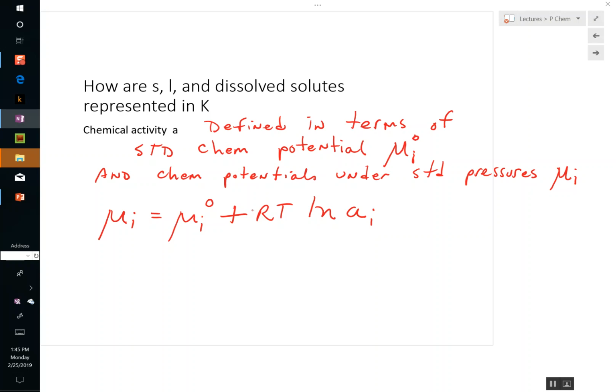That's a plus, not an equal. So now we're going to get here. We're not going to get bogged down in all this derivation. I just want this general equation.